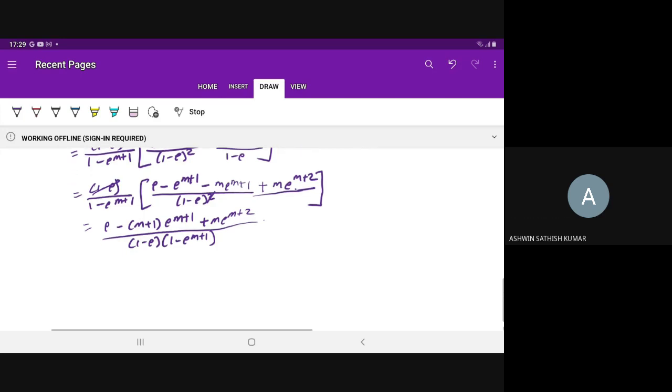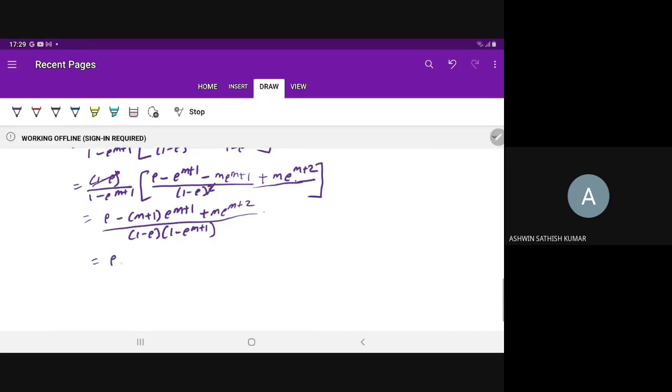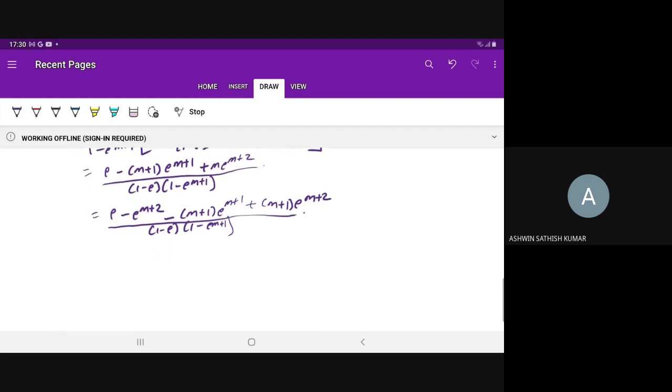This can be written as rho minus rho to power m plus 2 minus m plus 1 rho to power m plus 1 plus m plus 1 rho to power m plus 2 upon 1 minus rho into 1 minus rho to power m plus 1. Means we add and subtract rho to power m plus 2.